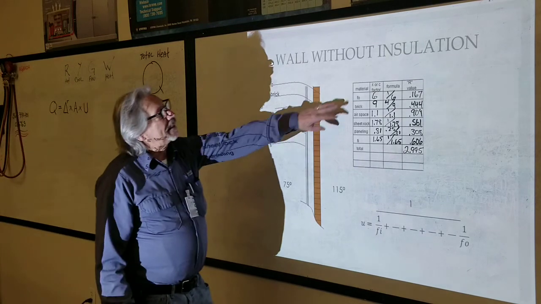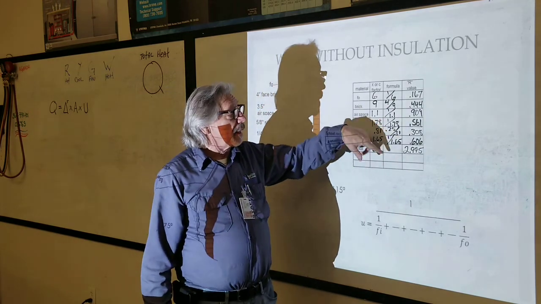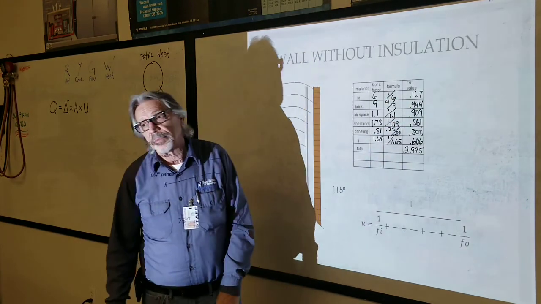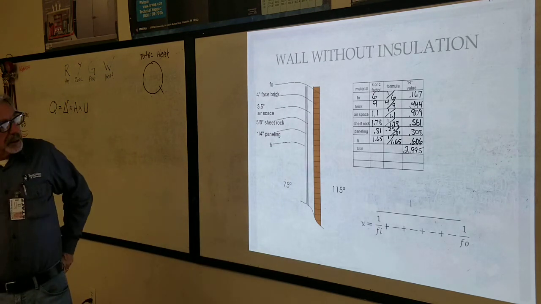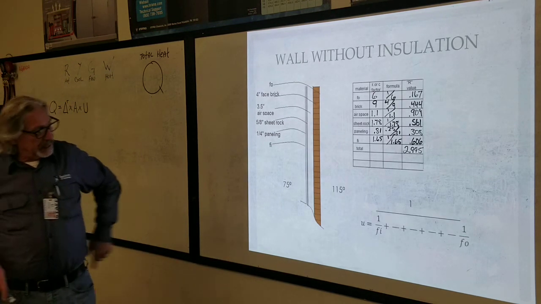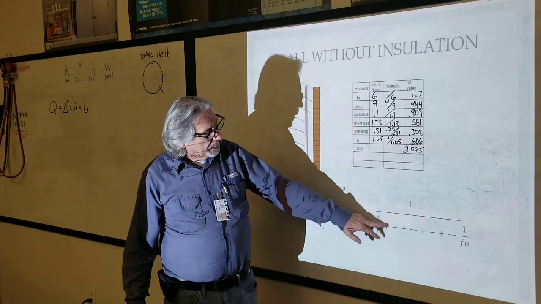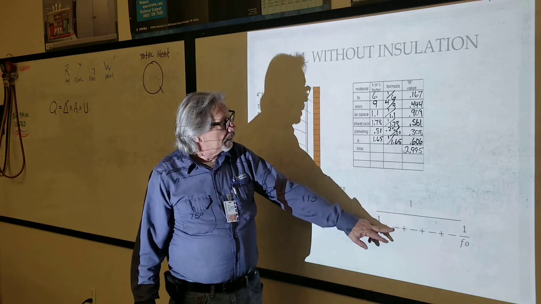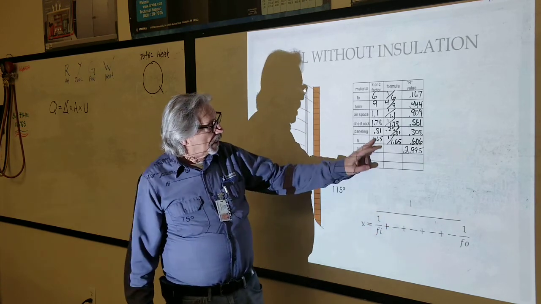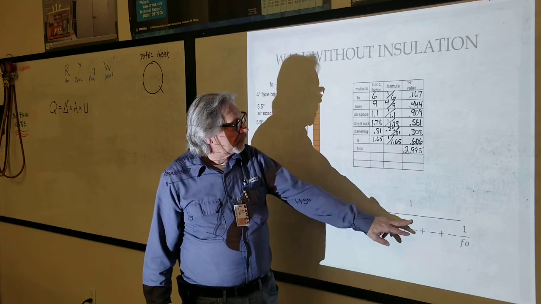You see, we can't add these. Those won't add. We have to add the result of those formulas in order to add them up, just like this formula. So the formula is down here: 1 over 12, 4 over 9, 0.25 over 0.81.